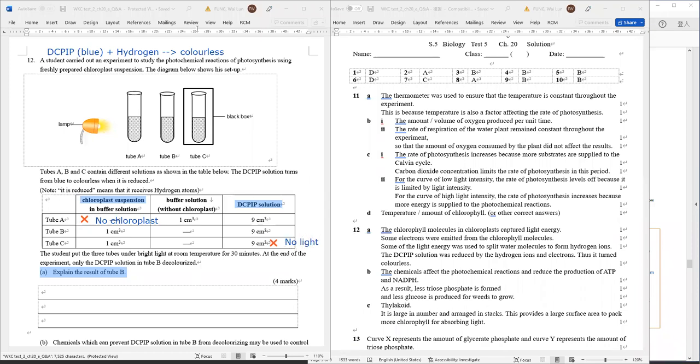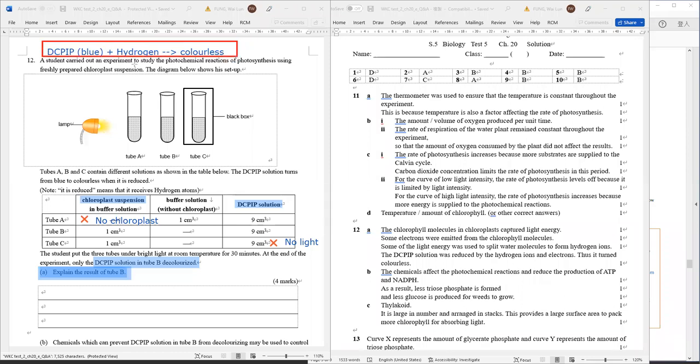Okay, the question wants you to explain the results of tube B only. Do not explain the results in other parts. So you only need to explain why the DCPIP in tube B is decolorized, turning it into colorless.